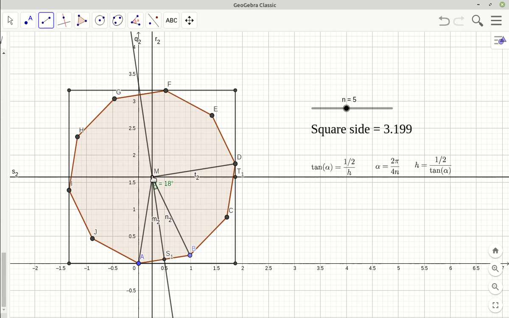So one of the key observations is that this length of MD is actually equal to MB, and we can compute it in a very similar way as we computed this H before. And another thing that we are going to need is the size of this angle, T1MD, and we will see in a minute how to find that one.